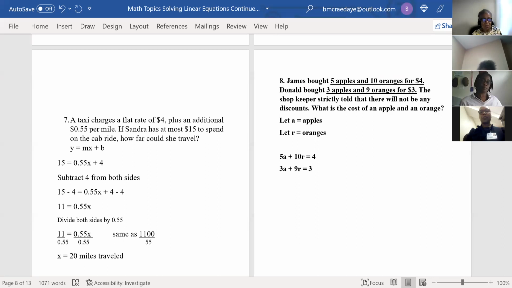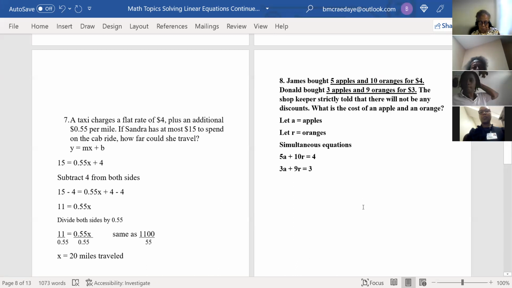Okay, so now we've got our 2 simultaneous equations. We call these simultaneous equations, and they share variables. Notice you have A in the first equation, A in the second one. You have R in this first equation and R in the second one.